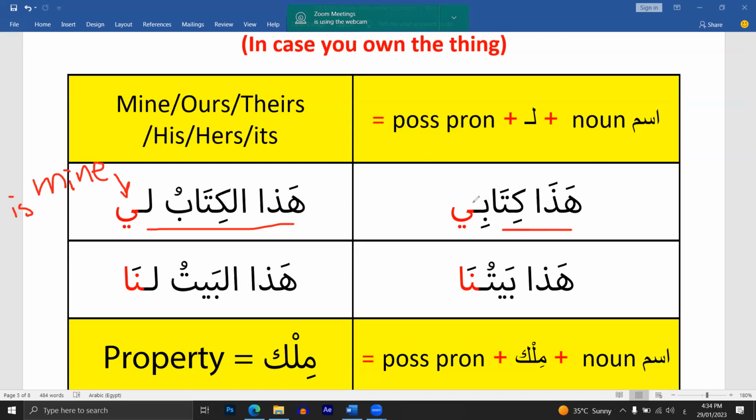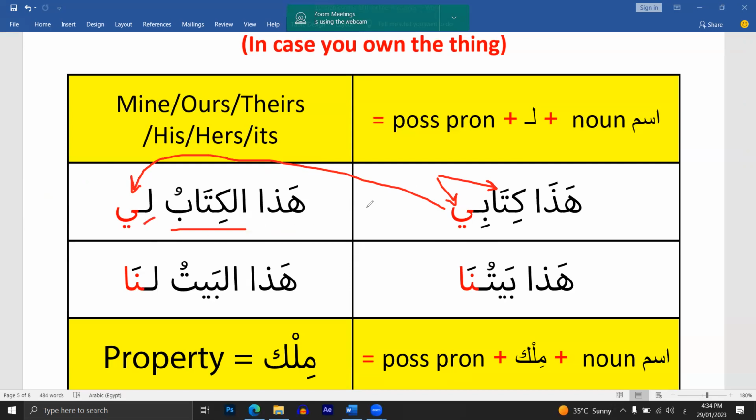So we have different approaches. One is to join the possessive pronoun directly to the property, like this. Or to leave the property alone, like here, هذا الكتاب, and then to join this possessive pronoun to the preposition لي.